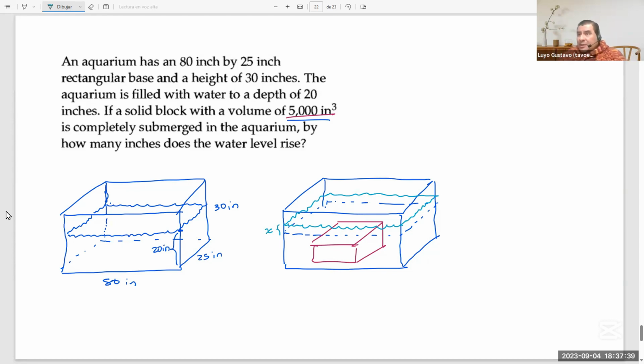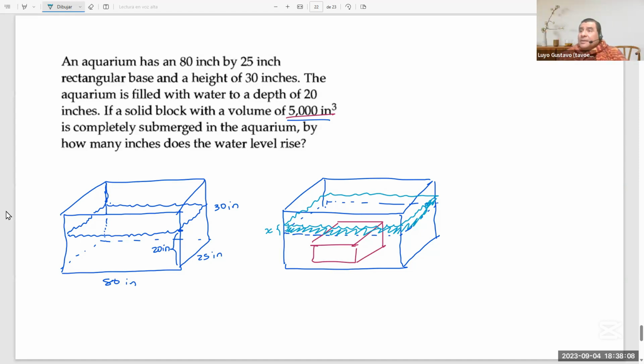But this layer of water on top of the original volume will have to be equivalent in volume to the volume of the submerged block. Because any object that is submerged in water displaces exactly the same volume that it occupies inside water. So it makes water rise.